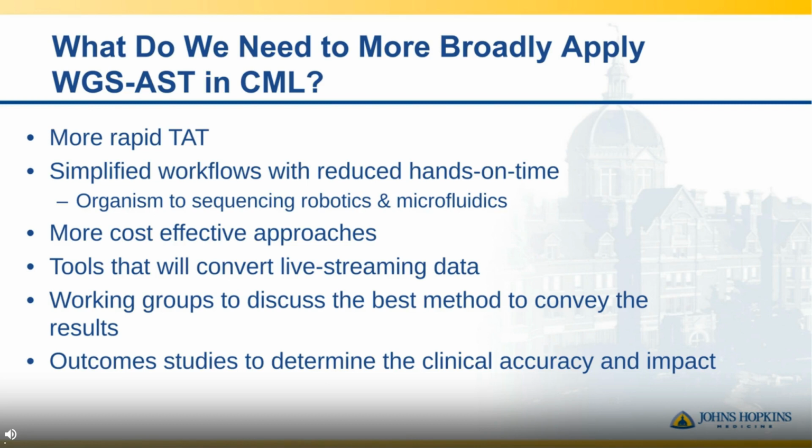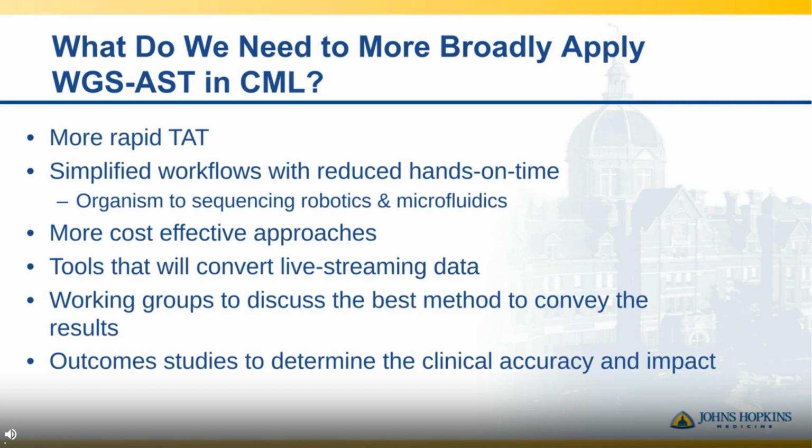We need more cost-effective approaches, and this is being done through both Nanopore and Illumina. Nanopore has a Flongle that's only $90 for the flow cell, so we're coming into a more relevant cost analysis compared to some of the broad molecular panels that we might implement in the lab.